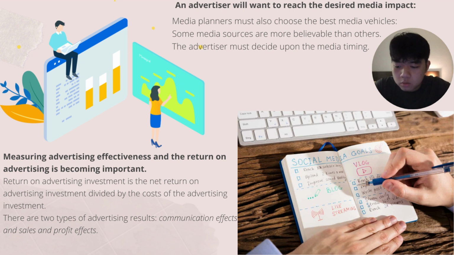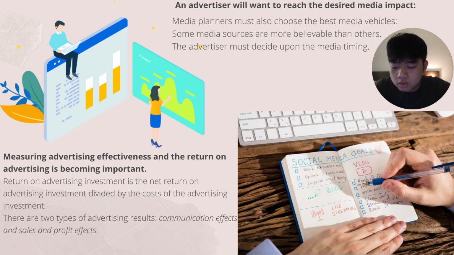In addition, advertisers want to reach the desired media impact, the qualitative value of the message exposure. Media planners must also choose the best media within each general media type. Furthermore, they need to consider audience quality, audience engagement, and editorial quality.